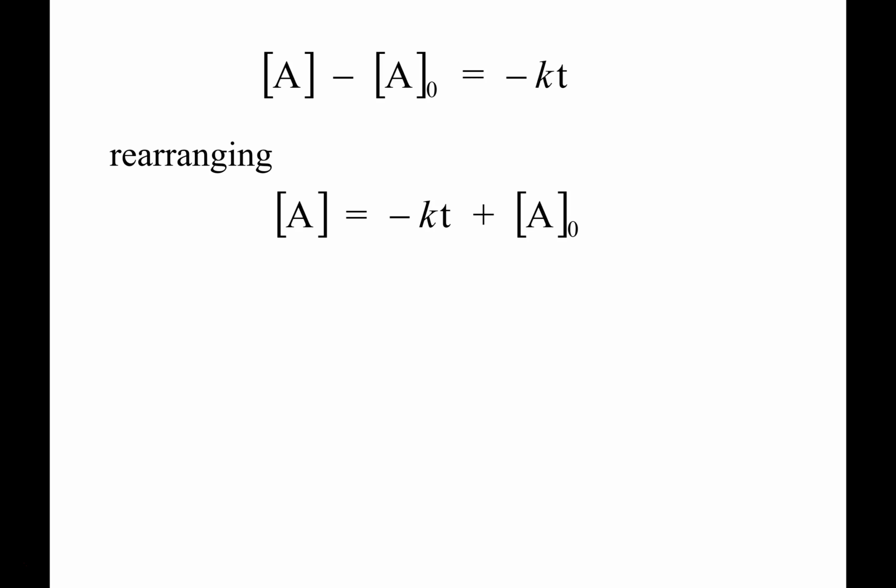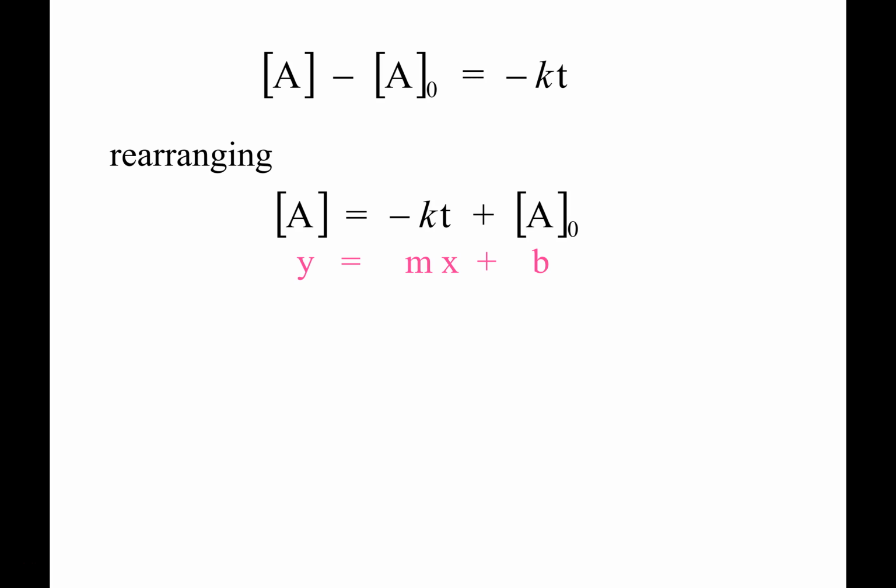So rearranging that, we get molar concentration of A at time t is equal to negative Kt plus the initial molar concentration of A. The reason we would do that is because we're trying to get it into a form that we can plot. So for zero order, along the y-axis we simply plot the molar concentration of A at time t, and along the x-axis, we simply plot time t.